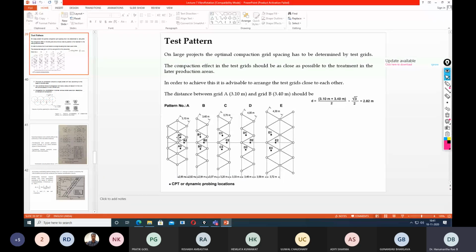Pattern A, B, C followed all triangular patterns only, but for different spacings: 3.1 meter, 3.4 meter, 3.7 meter, 4, 4.3. After doing all these patterns, they take out the relative density and check in which we get the maximum one.